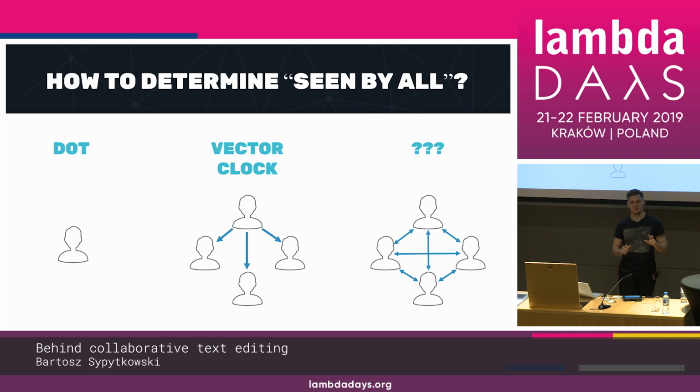Because if I am able to tell that all of the people have seen that thing, if all of the people have seen what everyone else has applied to them, whatever operations they have received, then every single one of us will be able to tell what is the minimum timestamp that we all have seen without communicating with each other, without actual synchronization, locking, and stuff like that.